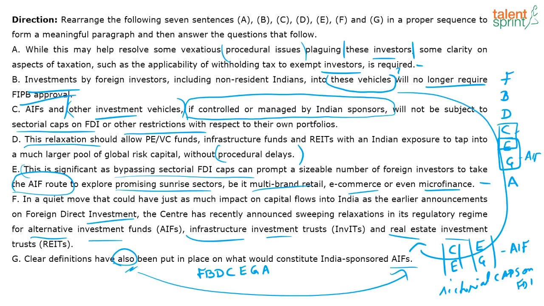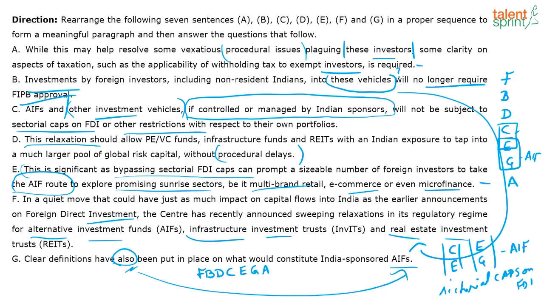This is significant because the Indian sponsors, even though they control and manage it, are not subject to sectorial caps, and E is giving me the benefit of bypassing sectorial FDI caps. What advantage is there by doing that? E brings in that aspect. It says this is significant as bypassing sectorial FDI caps can prompt a sizable number of investors, so it's giving you the benefit of doing that. So that's why C and E are a link. So E has to follow C.